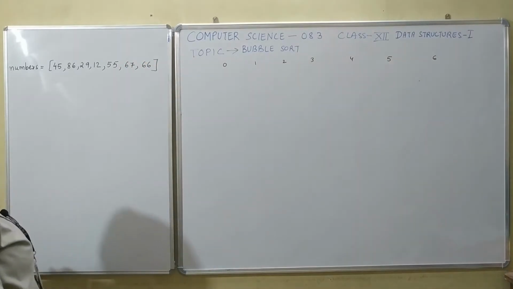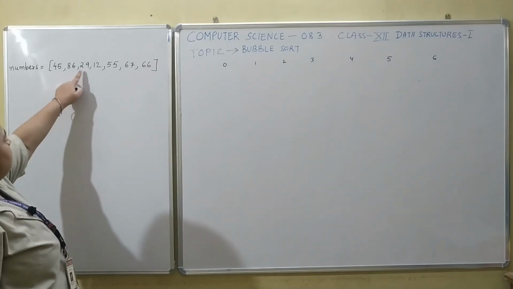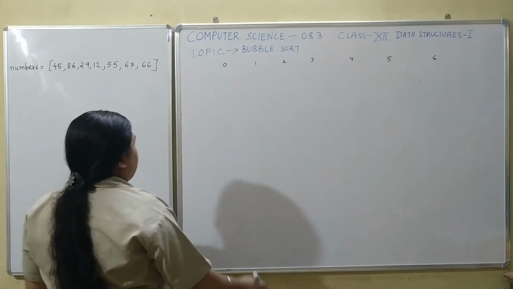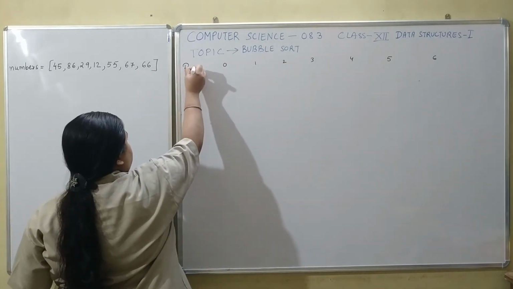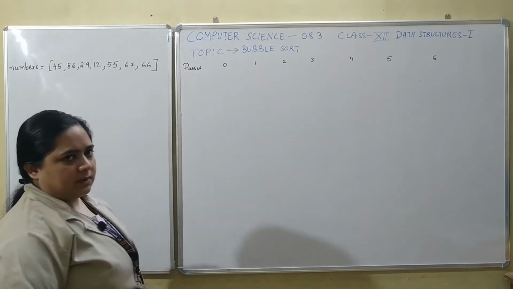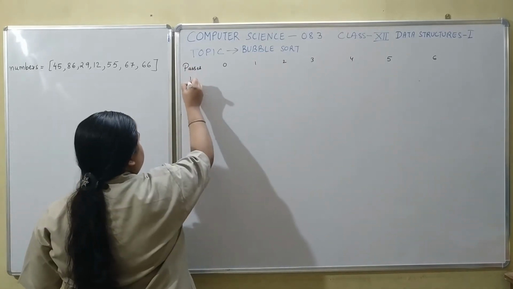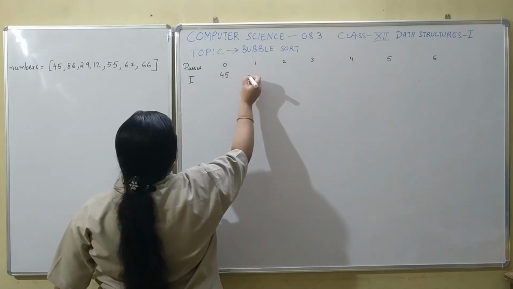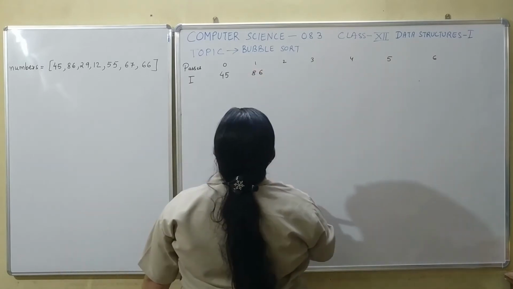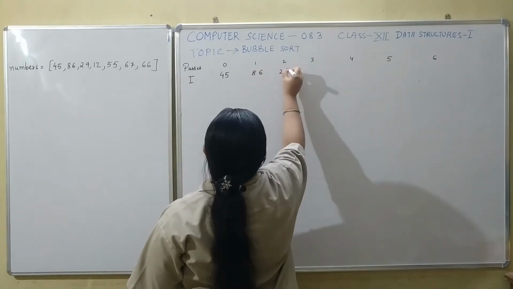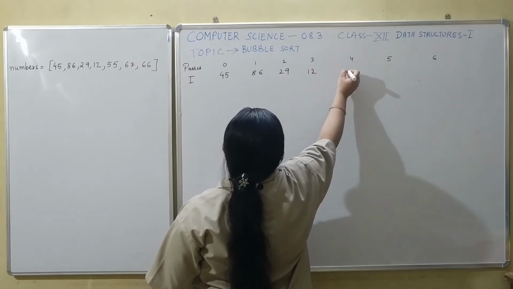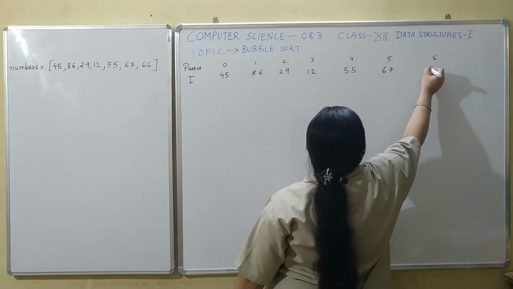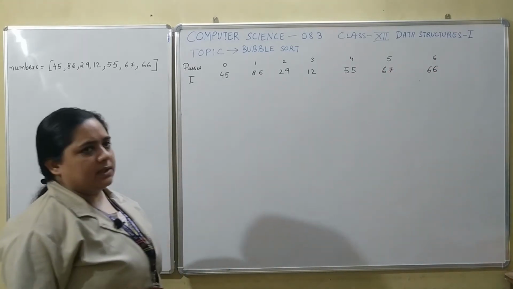So we have a total of 7 items in the list, and here we will represent passes. Now we will take the first pass and write all the values.